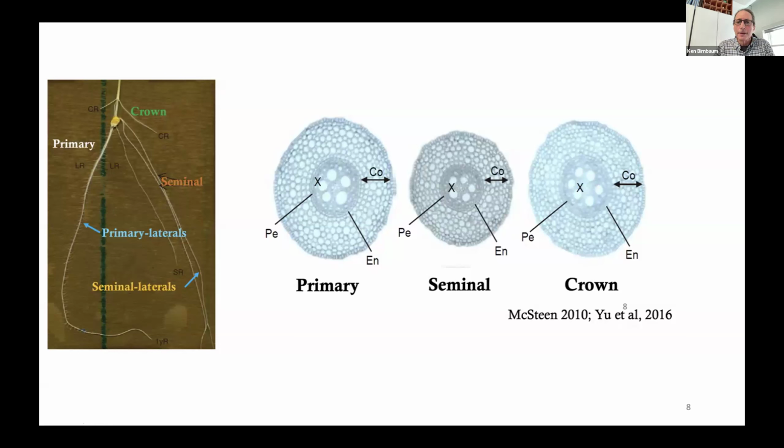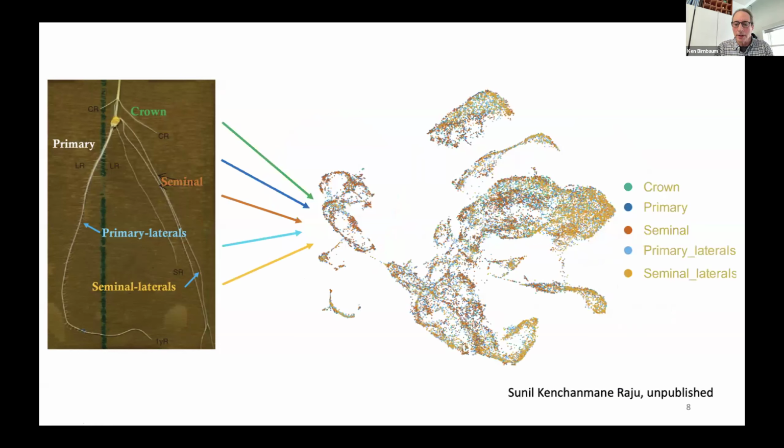Okay, so Sunil Kenchanmani Raju in the lab, when he was there, decided to take a look at these and look at the difference in the single cell composition and expression of these cells. And the first thing that you can see here is that he's colored in different colors the samples of single cells that came from the different roots.